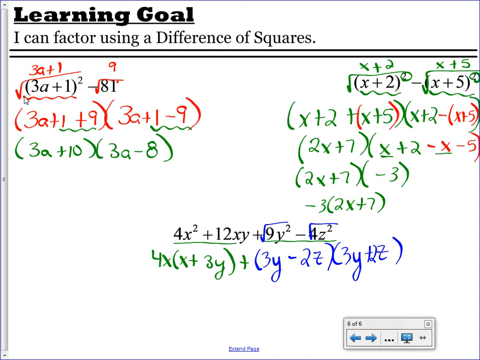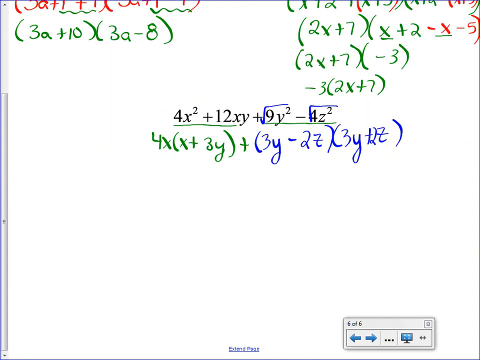Let's do it that way and see what we get. So you're saying reorganize this into 4x squared, and then plus 9y squared.